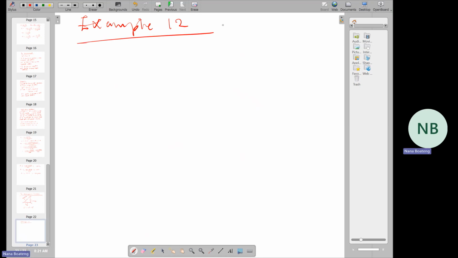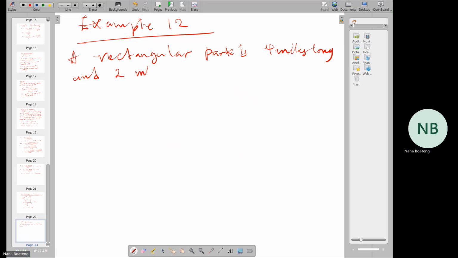And example 12 says that a rectangular park is 4 miles long and 2 miles wide.